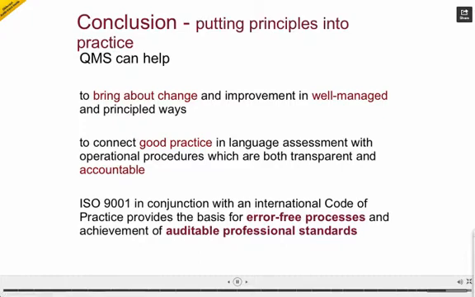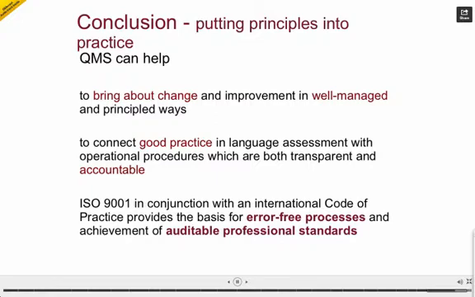We can also connect to good practice in language assessment with operational procedures which are both transparent and accountable, thus allowing us to account for what we do to sponsors or regulators, whether they're the ICAO regulators or the Ministry of Education or our clients in the world of work.